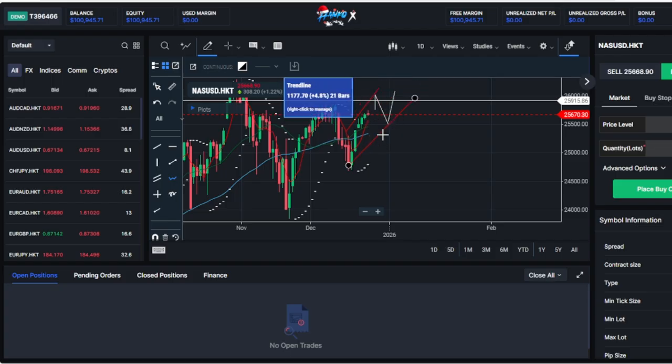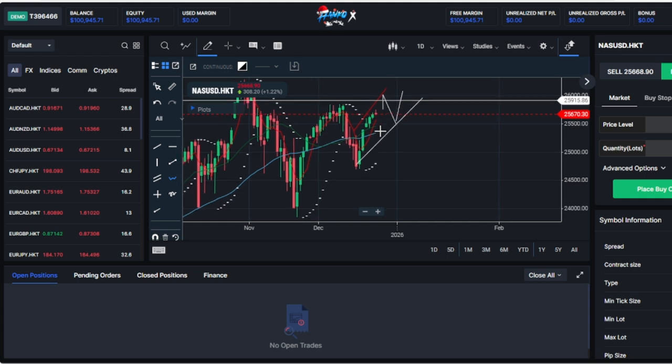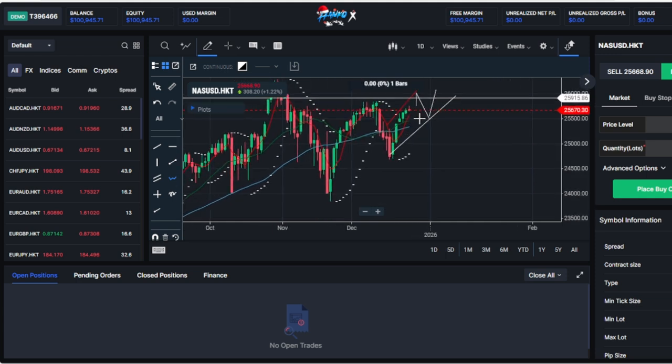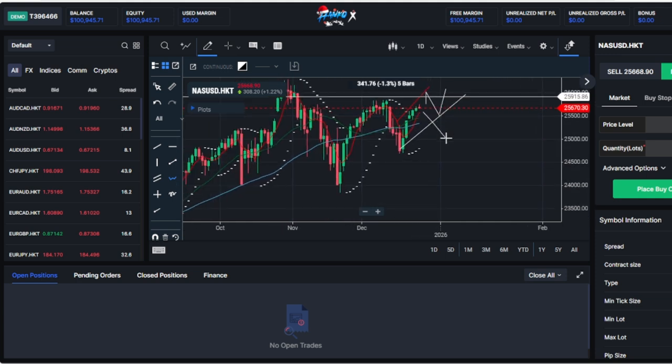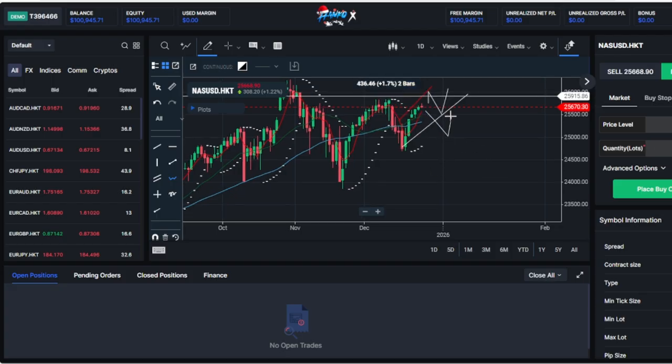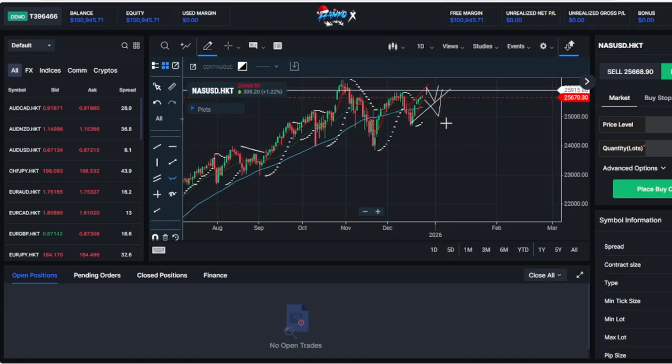However, if it does break this range, if price breaks this range right here, we could either look for it to bounce back up above the weekly 26, or it could just settle at 2,500.